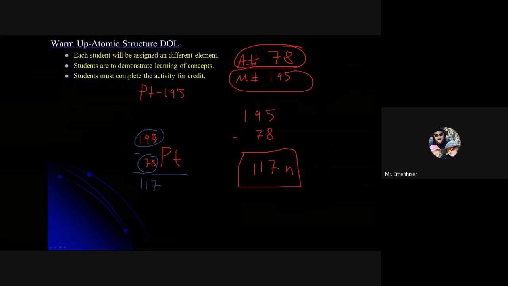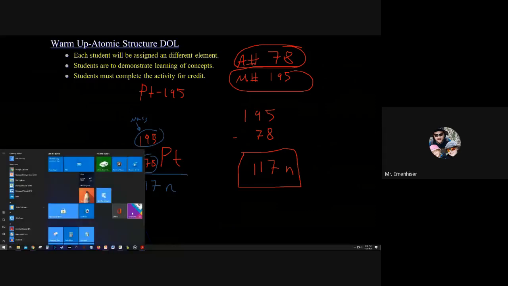So just keep that in mind. If you're given a nuclear symbol, or nuclear notation, like this, this is the mass number. This is the atomic number. So if you take this one minus this one, you get neutrons. So I have 117 neutrons in this nucleus of this platinum atom, which again is one of my favorite elements.